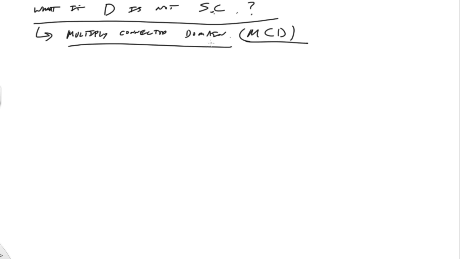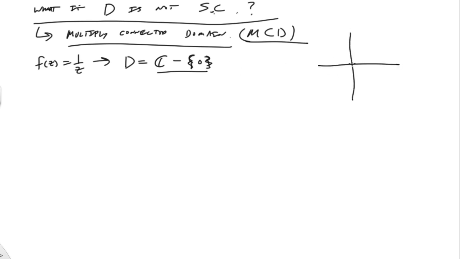So again, let's see what we can do about these sort of sets. For instance, if I go to my f of z equal to 1 over z, the domain of analyticity is, of course, going to be the complex plane minus the 0 point. That's the domain, and we can draw it like this.